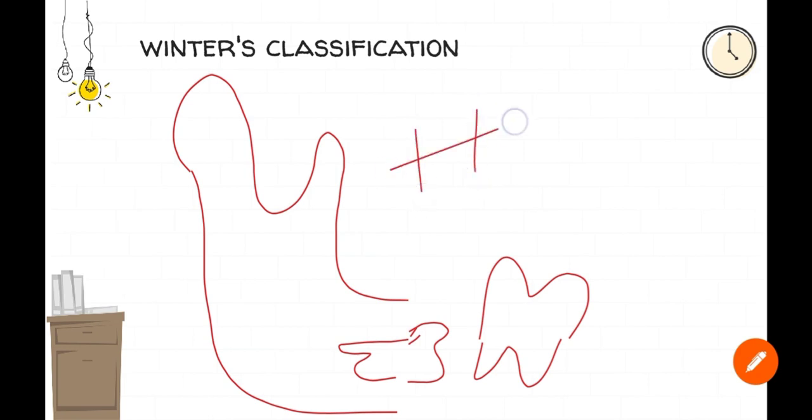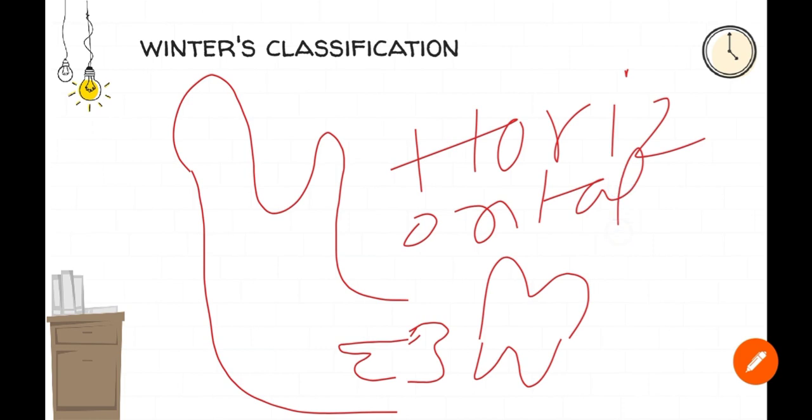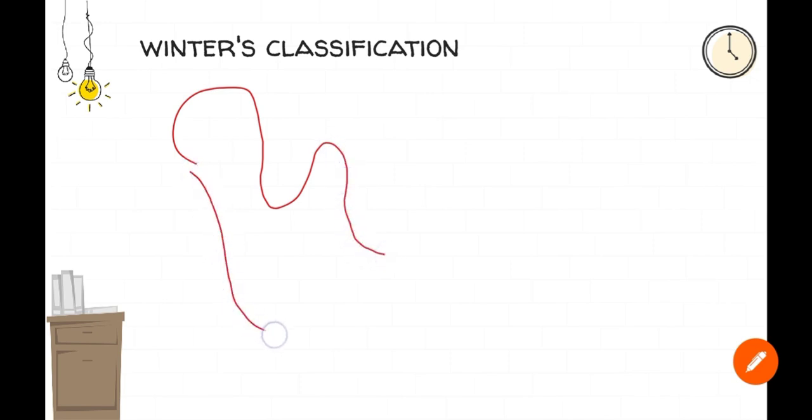Okay, this is horizontal impaction. Just like that, we can easily understand all the classification of Winter.